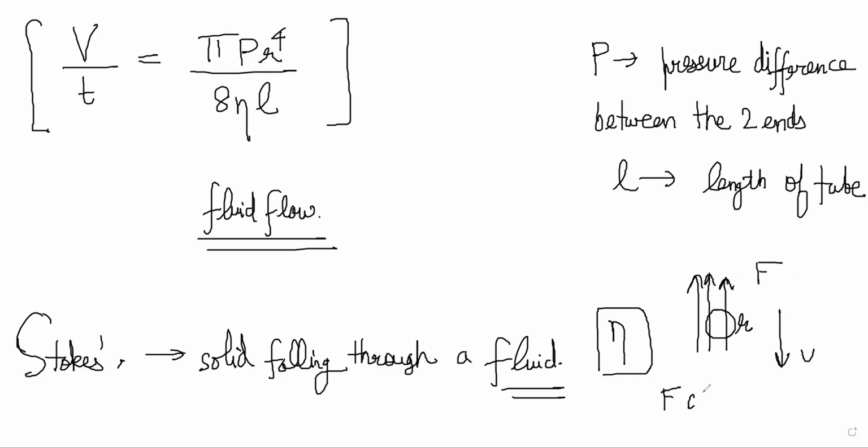So he says it is proportional to radius, velocity, and viscosity. Again, these are powers. There is a dimensional analysis derivation here for Stokes' law. So he says K r power a, v power b, eta power c, and that should be equal to force.